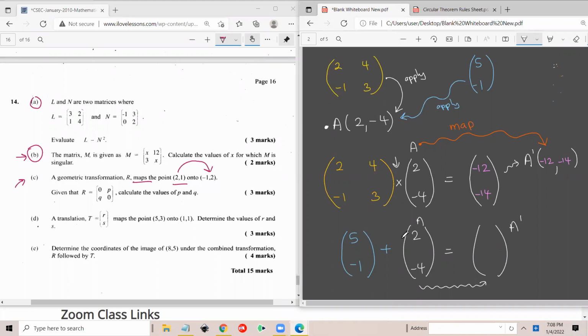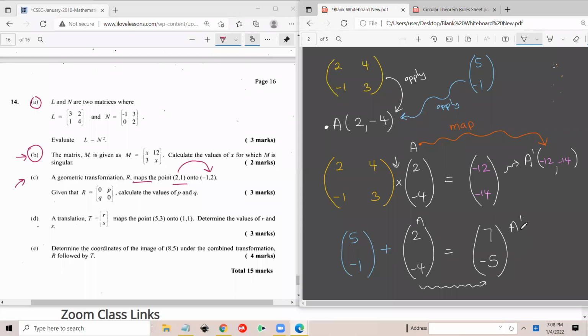Gerard, you multiplied, my mistake. Remember, we just simply added. Adding and subtracting matrices is the one you hope to get in the exam. That's an easy one. You just have to say 5 plus 2 is 7. Minus 1 plus minus 4, a plus and a minus is a minus, so you will get minus 5. So the answer is 7, minus 5.